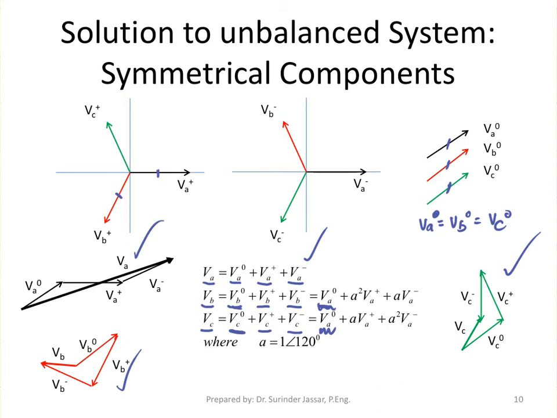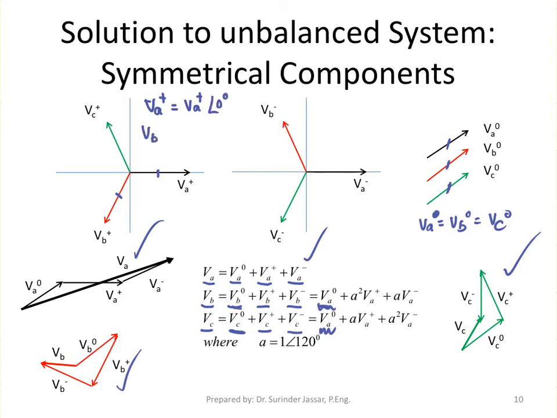Not the amplitude, the amplitude is exactly the same. What is the phase relationship? If you see VA positive, you can write it with any amplitude. Let's say it has an amplitude of VA positive and an angle of 0 degrees.